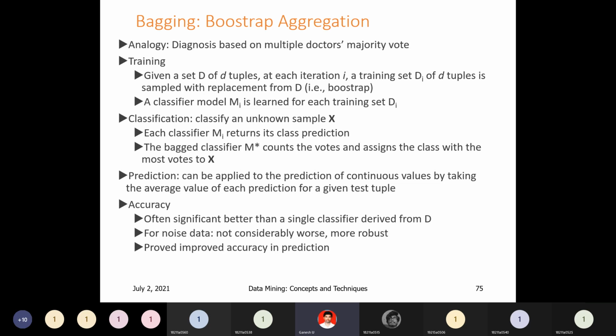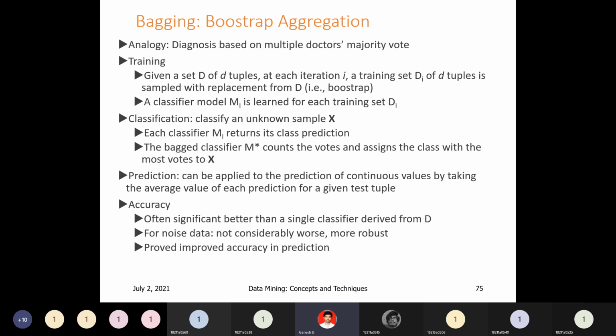It is often significantly better than a single classifier derived from T. A combination of a number of models is obviously better than a single one. When you combine several models, it gives a new model that is better than each and every model. For noisy data, it is not considerably worse, and is more robust.